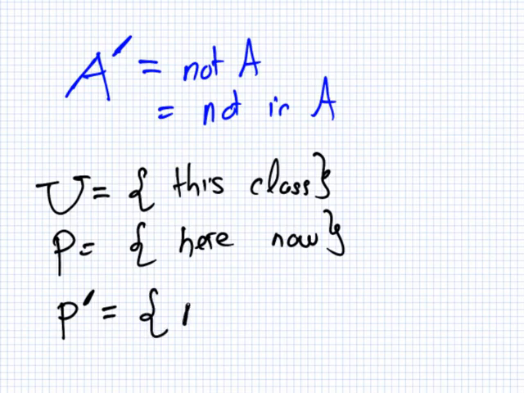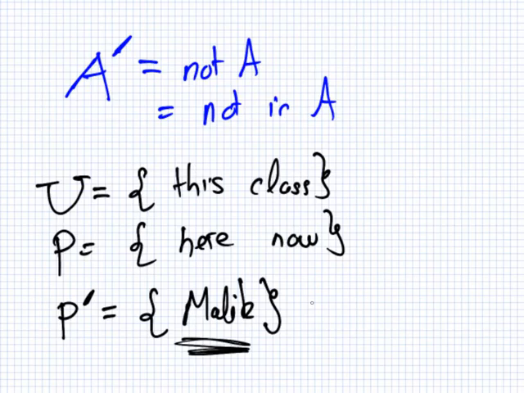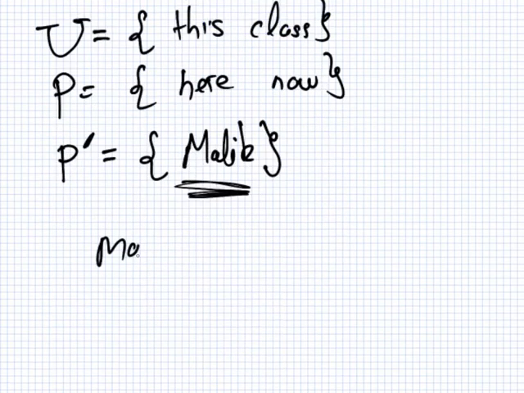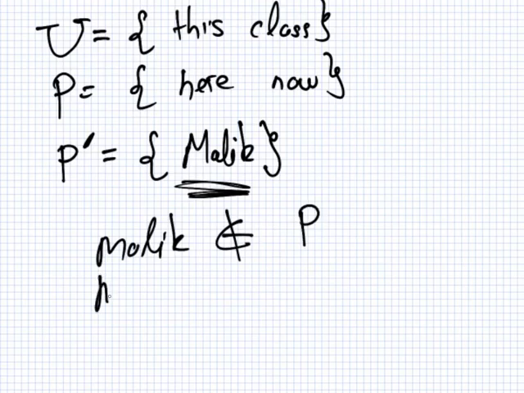Yeah, and who's that? Malik. So when he watches this video later, you can see that he was here. Malik is the only person who's not here. So we would say that Malik is not in the present set. Therefore Malik is in the set which is everything except P, outside P, not P, which is this one here.